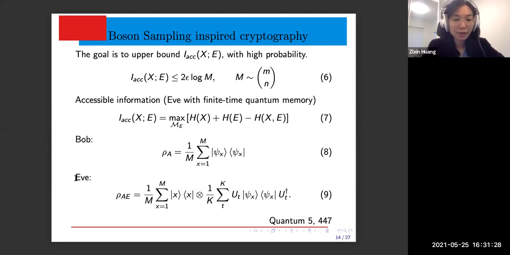And the density matrix as seen by Eve is given by this expression over here. So we have an auxiliary system X, which describes which code word Alice has chosen, which Eve does not see, and we have an average over the different encryption unitaries, which Eve has no access to.